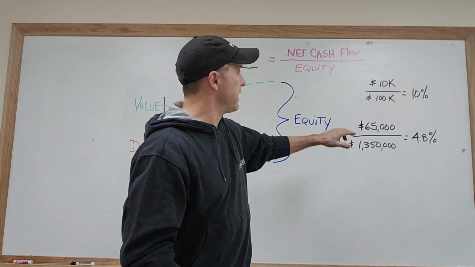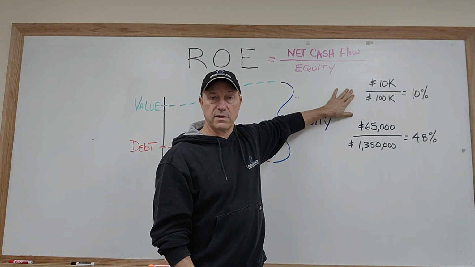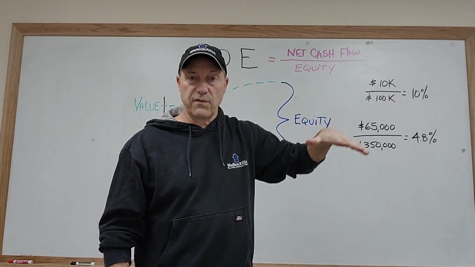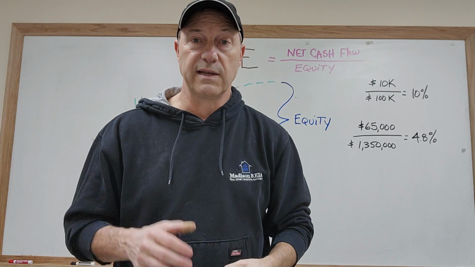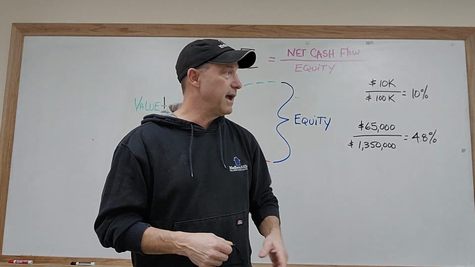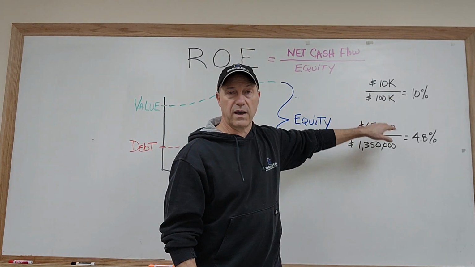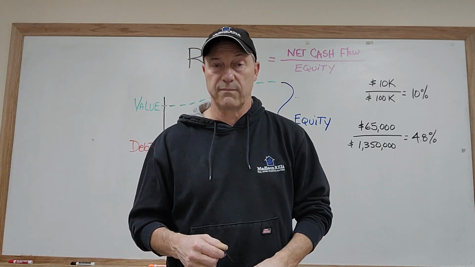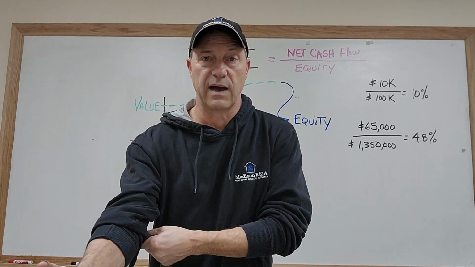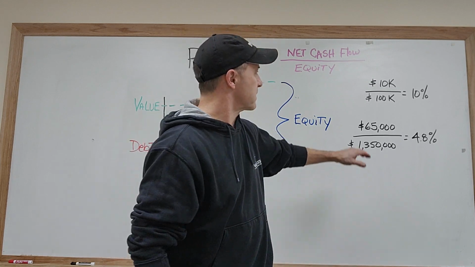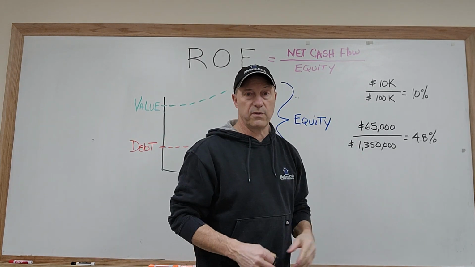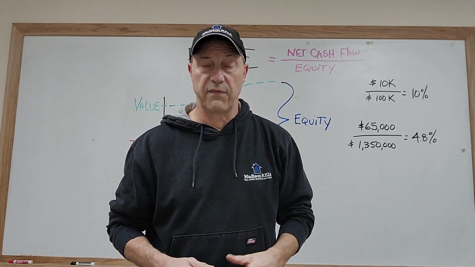So if you take a real simple math problem, let's say you've got a rental property generating $10,000 a year in net cash flow, and you've got $100,000 of equity in that property. It could be partially from money you put down, it could be from growth in the property. You divide those and you come up with a 10% return on that money.